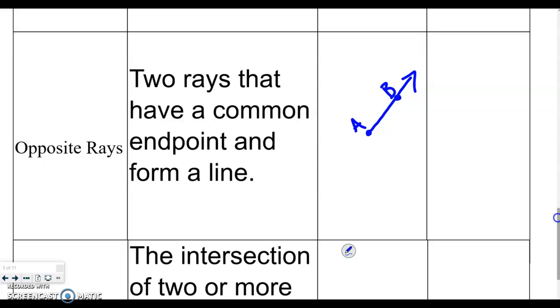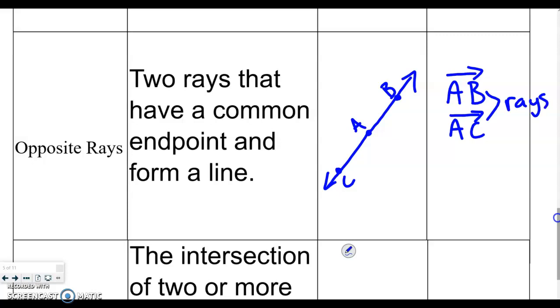Opposite rays have the same endpoint, but it goes the opposite direction from there, and it's going to form a line. So now we have line CAB, but the opposite rays, we have ray AB, and we have ray AC. These are both rays, and they are opposite rays that make a line.